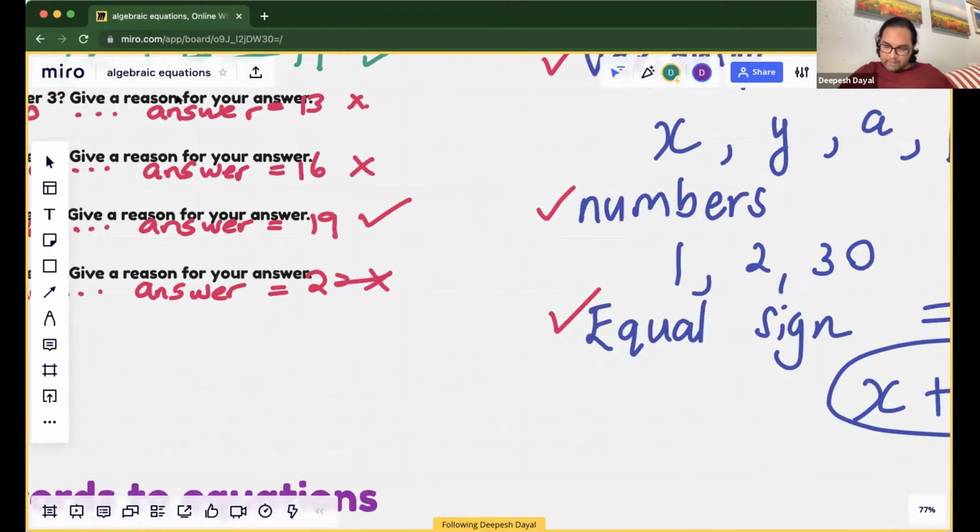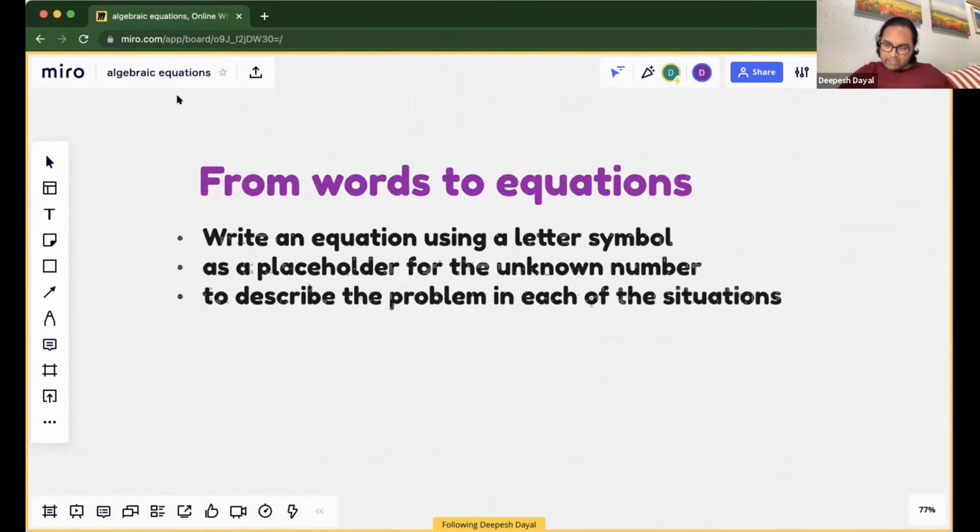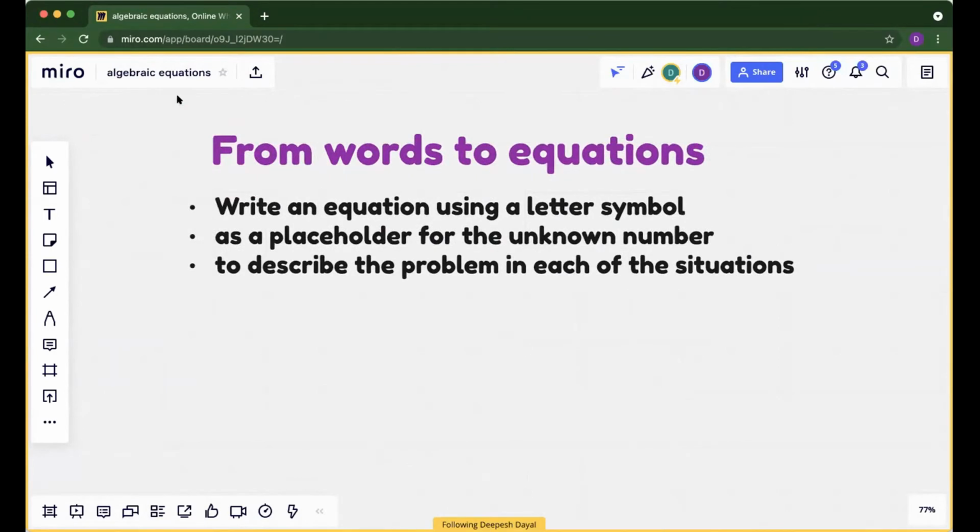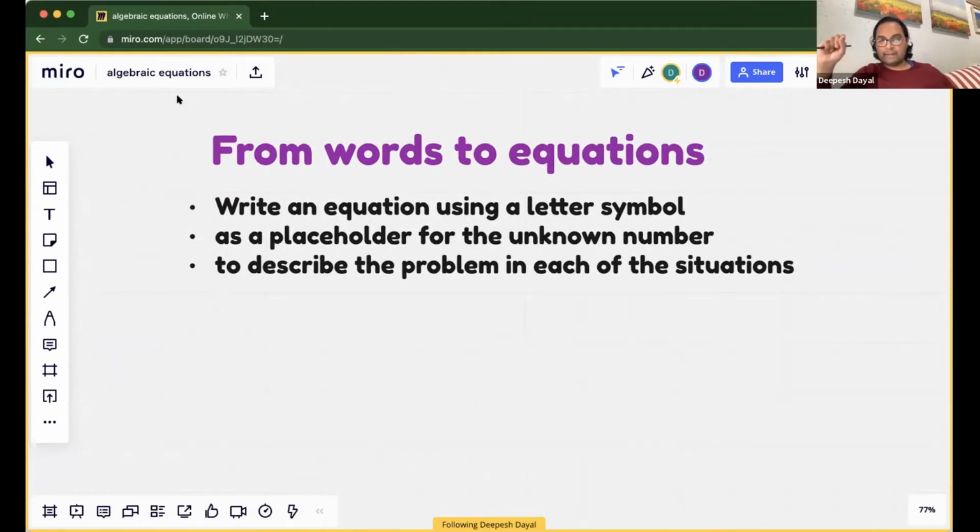So here, from words to equations. You write an equation using a letter symbol as a placeholder for an unknown number to describe the problem in each of the situations. So we're going to look at different situations, and we're going to see how we use letters to form equations, right?